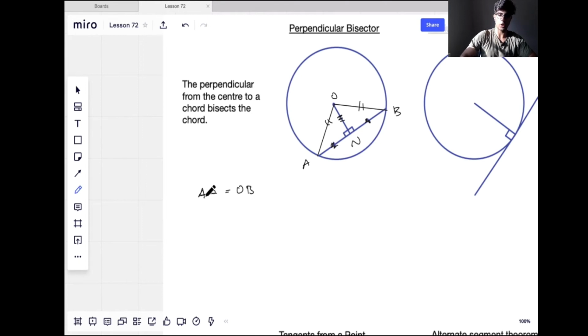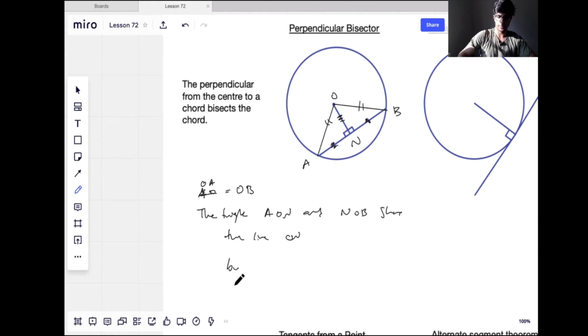In fact, you should say OA because you're starting at OA, is equal to OB, and the triangles AON and NOB share the line ON, so they do share this line. So we have that they have the same hypotenuse and the same side length.